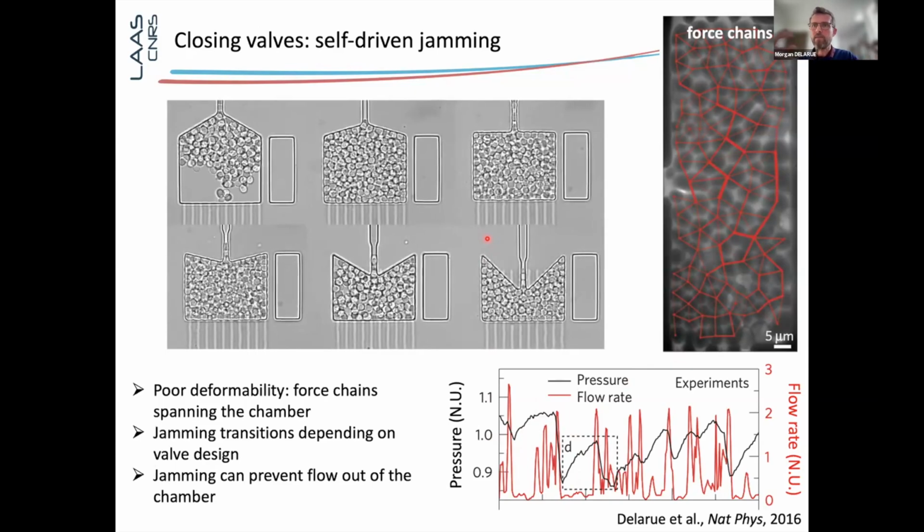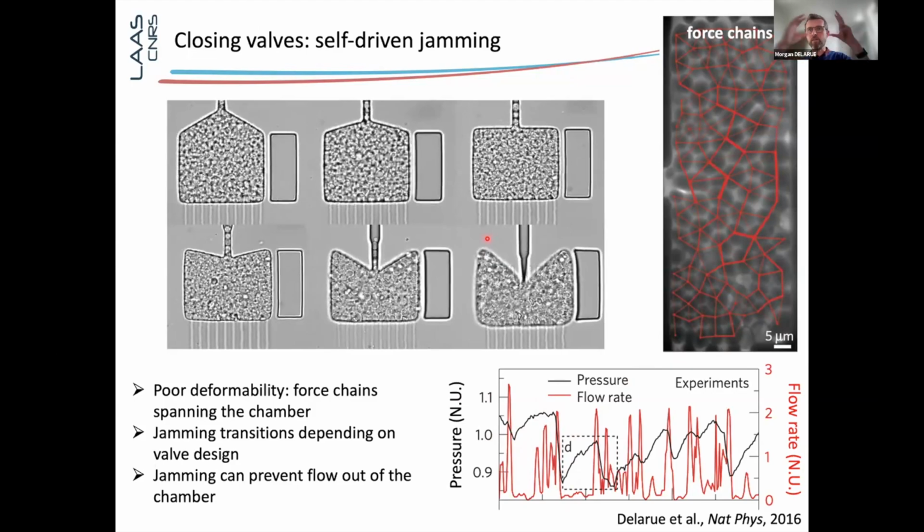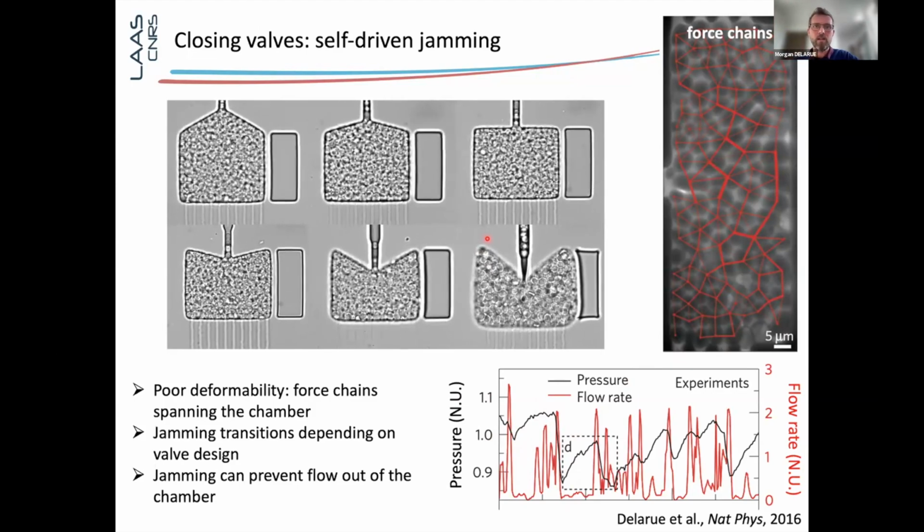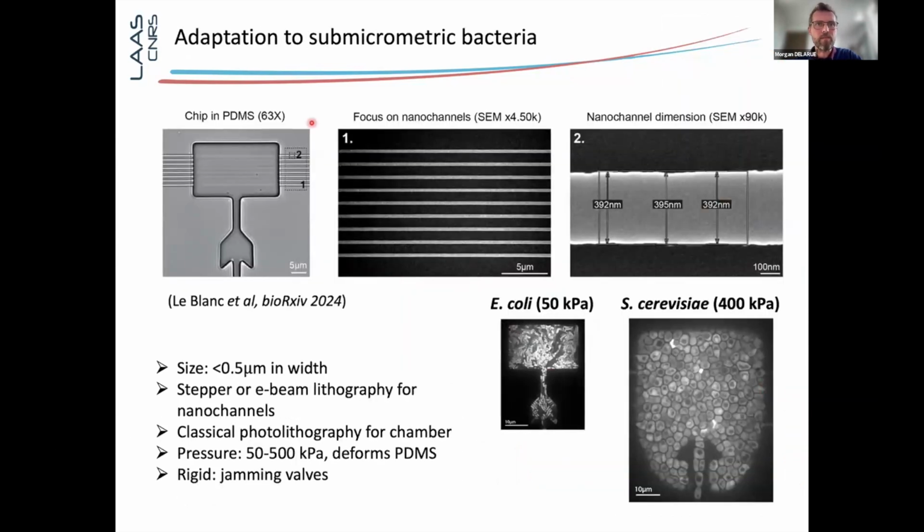Over the years, we built different devices to work on smaller organisms, bacteria, and on bigger organisms, which are mammalian cells. For smaller organisms, for bacteria in particular, which are submicrometric, basically 0.5 micrometer, the main challenge was that we needed to downscale the macro channels a lot to get to nano channels.